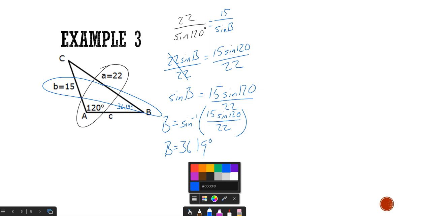Now that we have that, we can take 36.19, add that to 120 to get 156.19, then subtract that from 180, and we get that angle C up here is going to be 23.81 degrees.